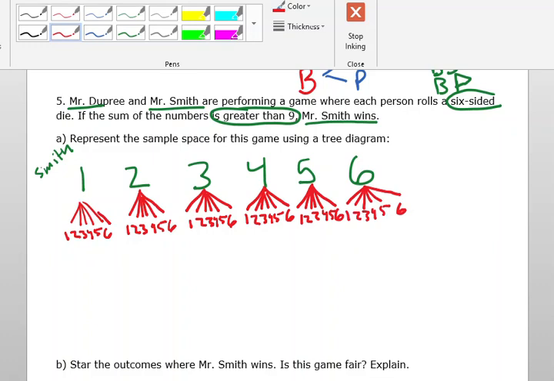Okay, so I have my sample space here, and I'm going to actually list all of the possible outcomes. I know that that's maybe a little bit annoying, but I think we can handle it.